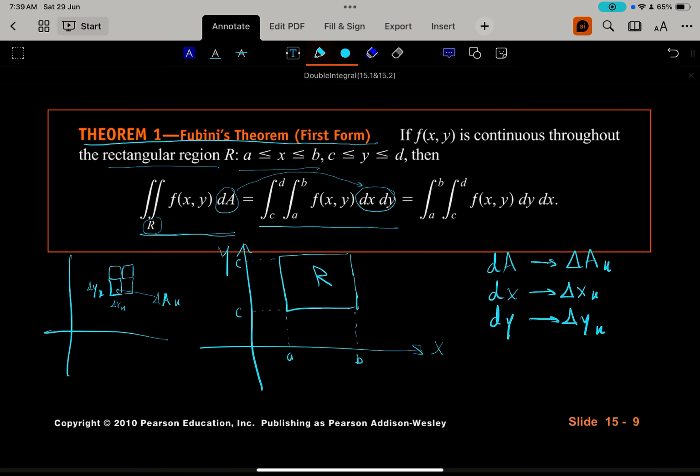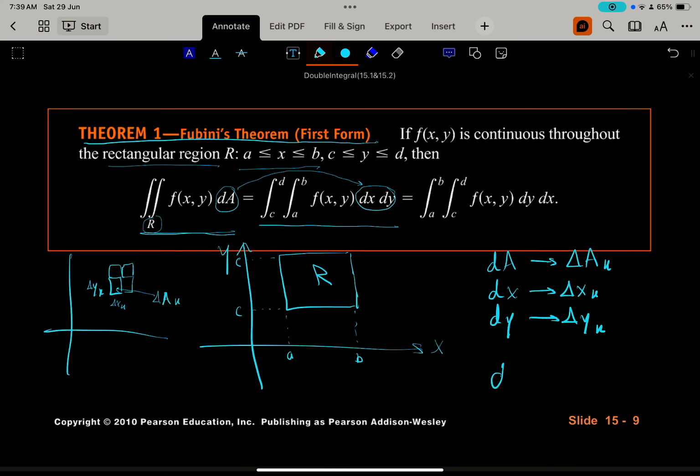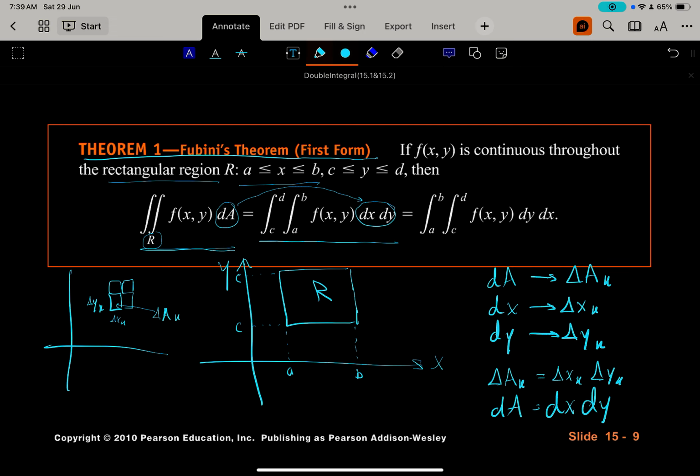So it makes sense, since delta A_k equals delta x_k times delta y_k, to write dA equals dx times dy. And that's exactly what's happening here.